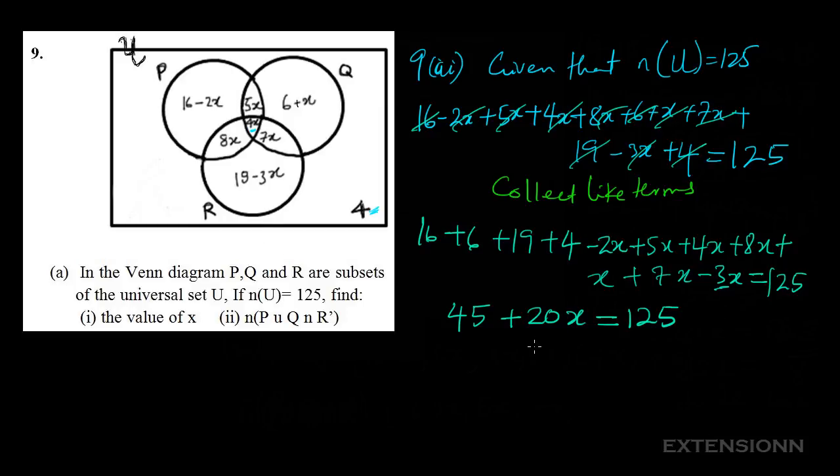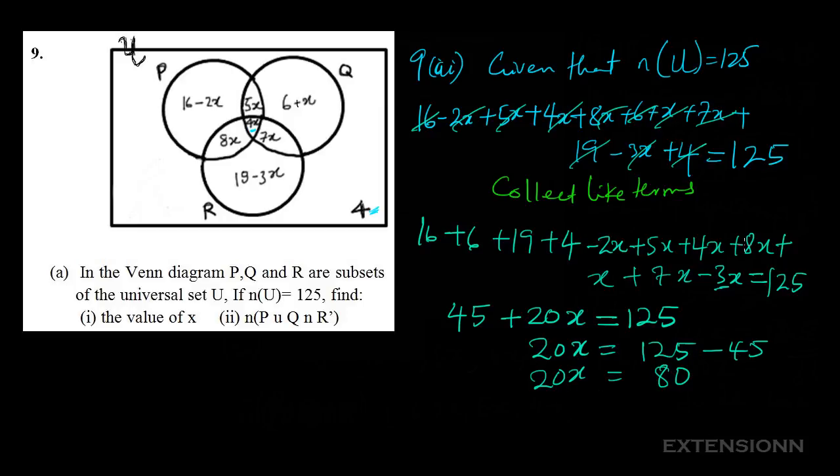So we could just say 20x equals 125 minus 45, that is, subtract 45 from both sides. By the time you subtract 45 from both sides, this will cancel out, then you have 125 minus 45 here. So this will give us 20x equals 125 minus 45, this should be 80.